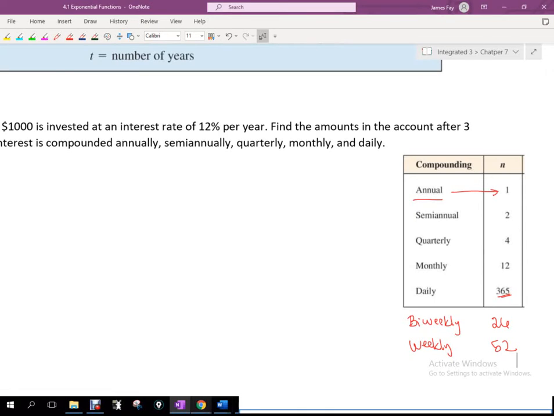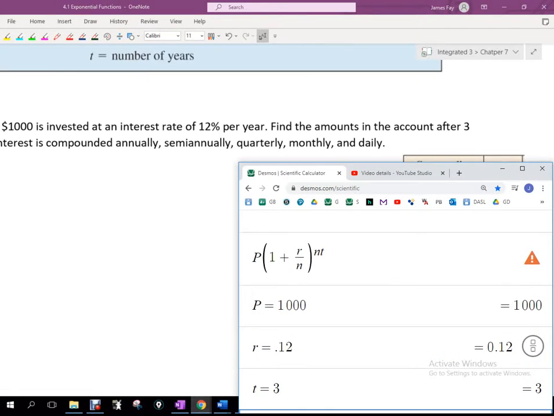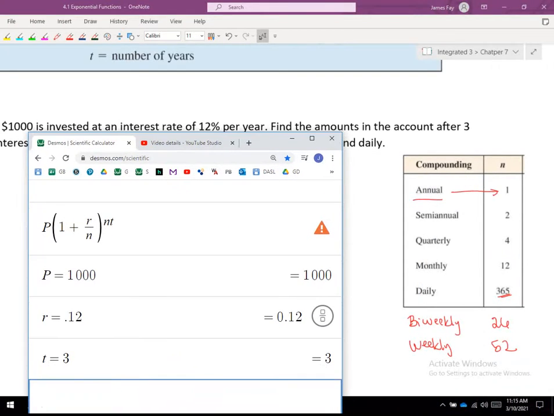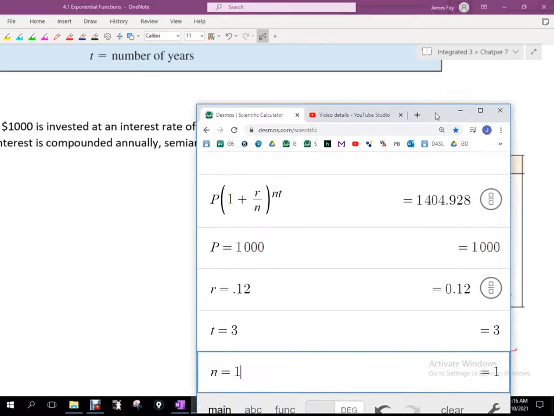All right. So when it says in this one, compounded annually, I'm going to let n equal 1 for annually, and it says I will have $1,404.93. Is that okay? Okay.